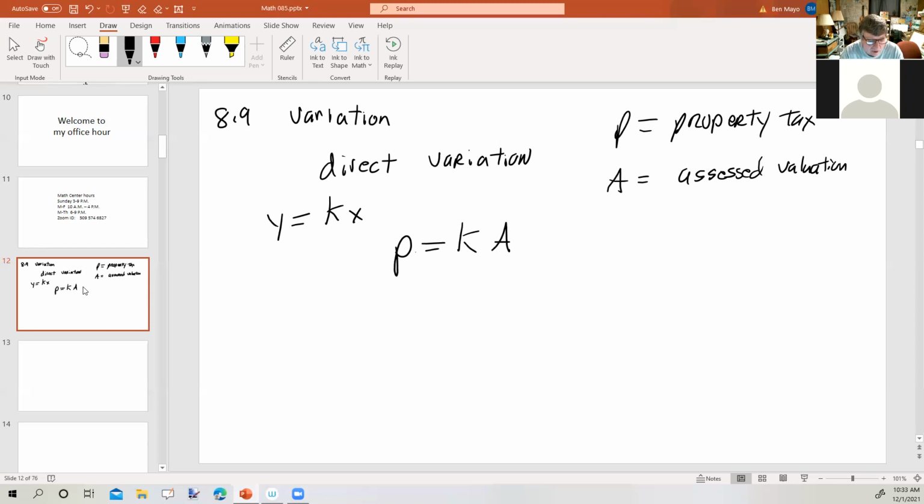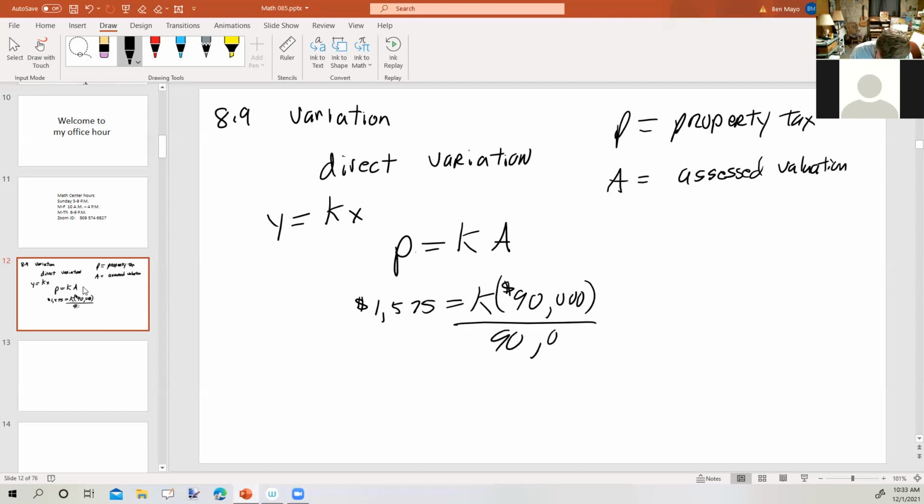Recall K, the variation constant, is always present in these formulas, often not even mentioned. So it says, if a tax of $1,575, that's P, is charged on a single family home assessed at $90,000. So that will allow us to determine K by dividing both sides by $90,000.